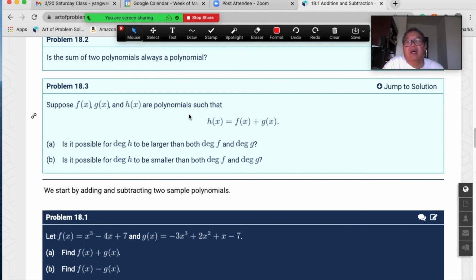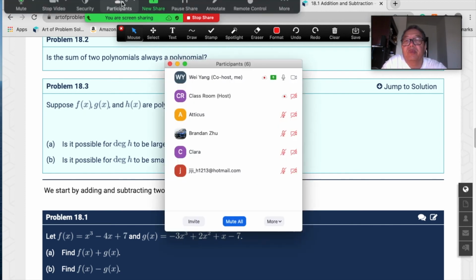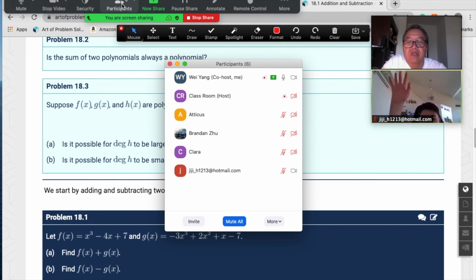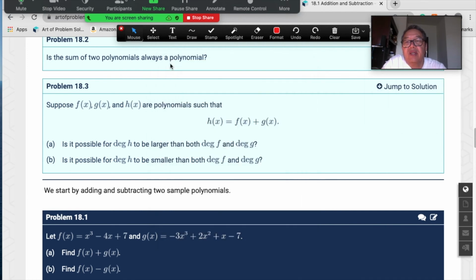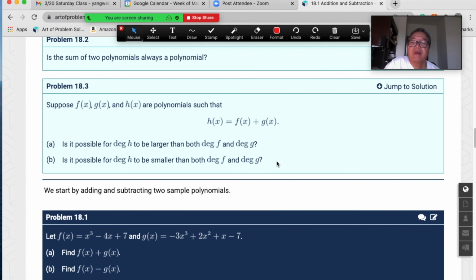Who can help me answer this question? Brandon, can you answer this question for me? Is it possible for the degree of h to be larger than both the degree of f and g?